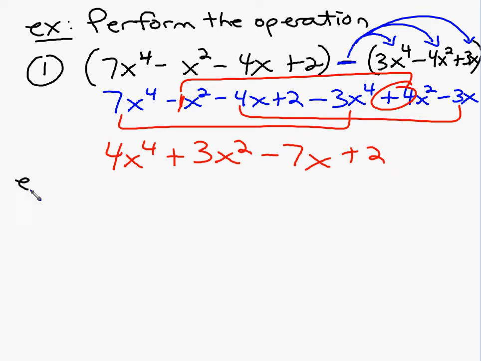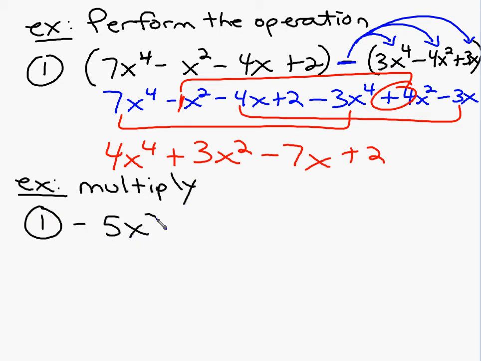Now, how about multiplication? Well, let's look at this first problem. Negative 5x cubed times the quantity 7x squared minus 2x plus 6. Well, to do this multiplication, I have to do the distributive property.